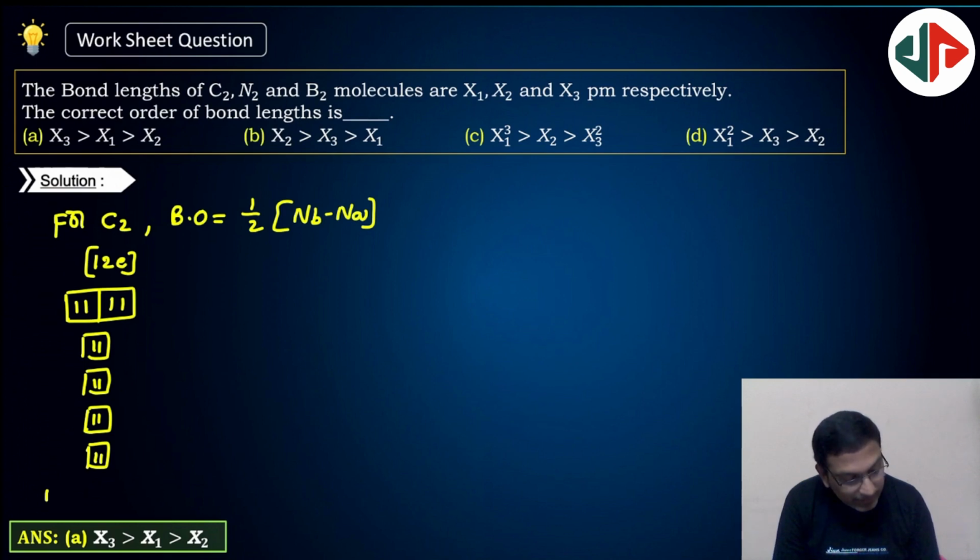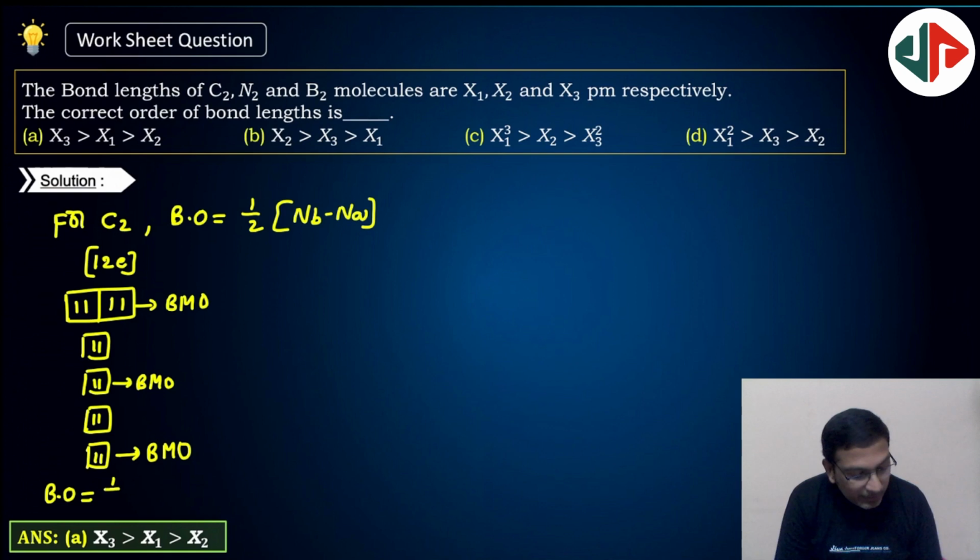So bond order equals, here this is a bonding molecular orbital, and this one also a bonding molecular orbital. Total number of bonding electrons 2 plus 2 plus 2 plus 2, that is 8, minus anti-bonding 4, that is simply 2 bond order.